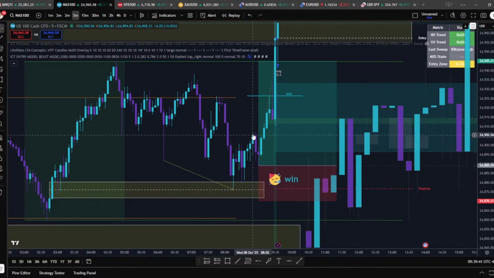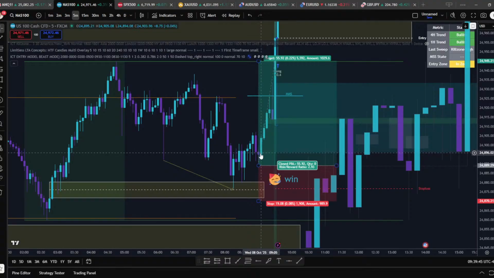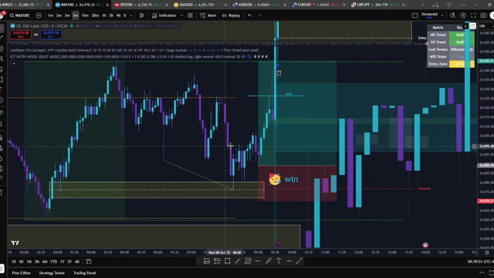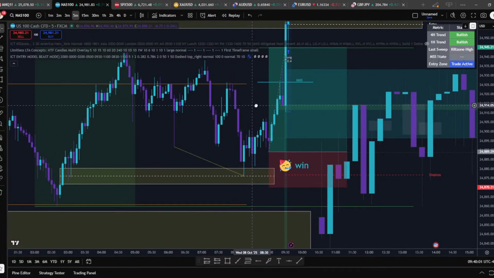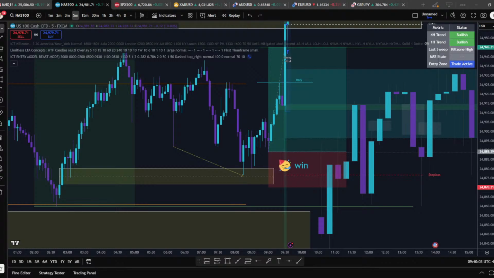It went up into the first fair value gap, and then as it came down and showed signs of moving up, then you enter. I saw the exact same pattern happen in AUD USD, identical pattern. So that was the reasoning behind it, or some of the reasoning.